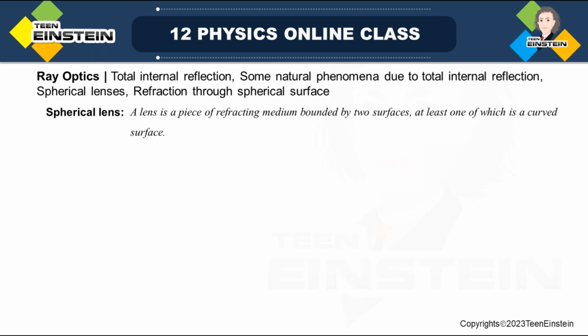These are common for lenses also, but lenses are transparent. A lens is a piece of refracting medium, so there will be refraction. In a spherical mirror, reflection was happening. Here, refraction will happen.